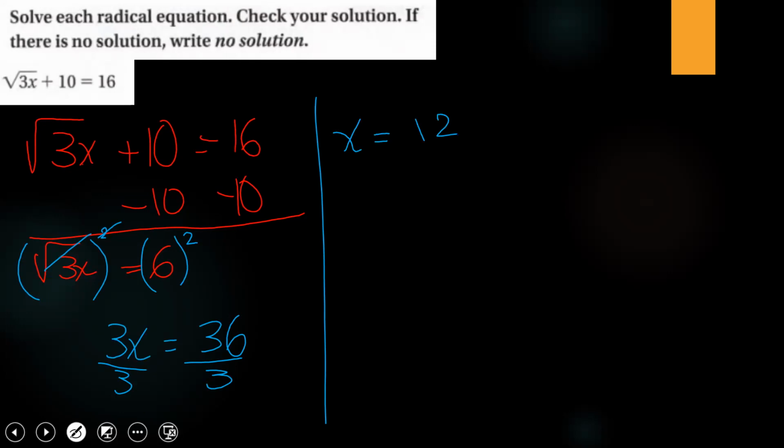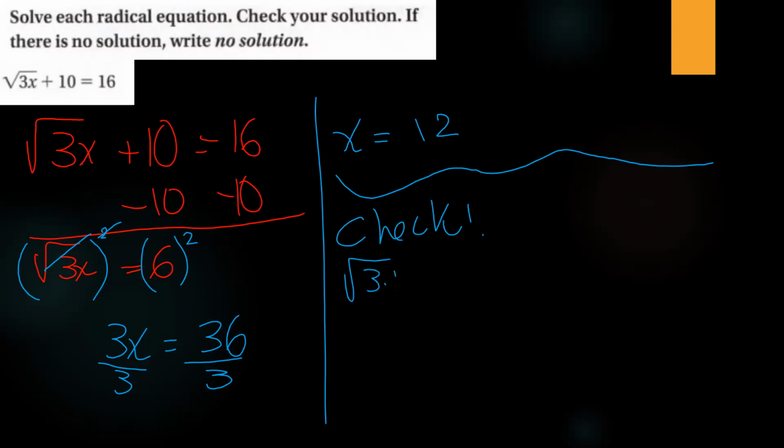Then after I solve it, I want to check my answer. So here we have to check. Square root of 3 times 12 plus 10. Is it equal to 16?